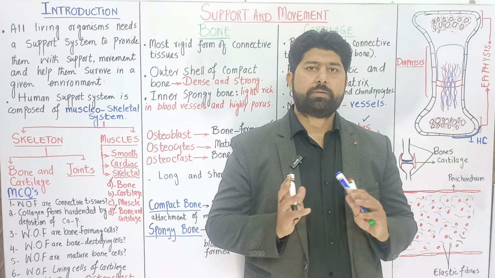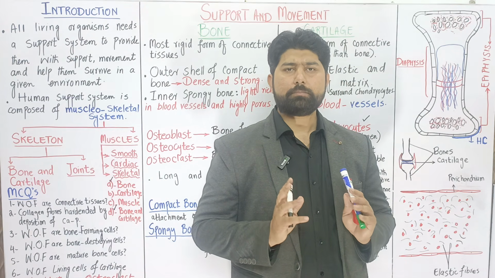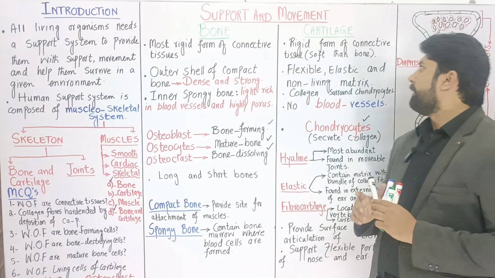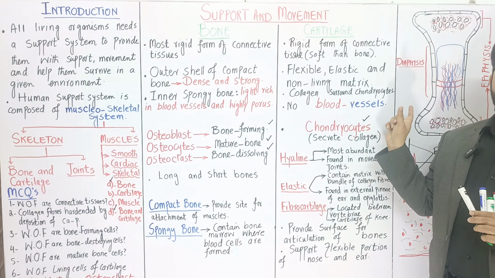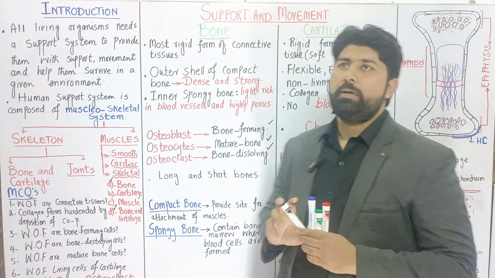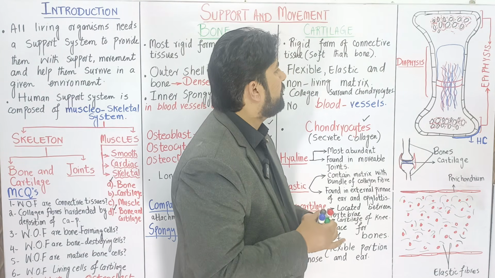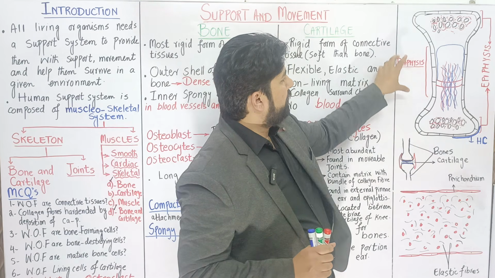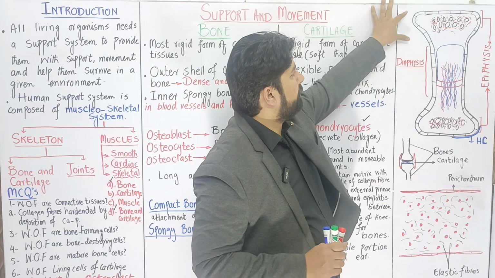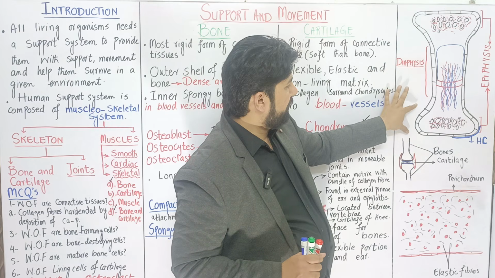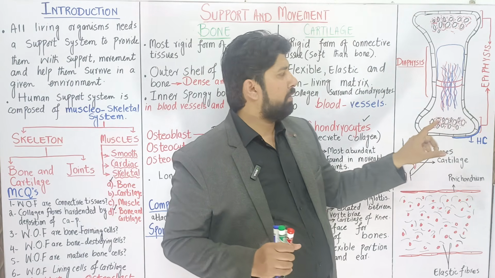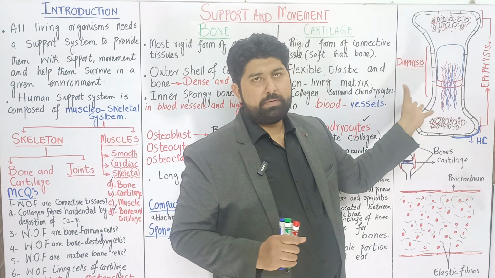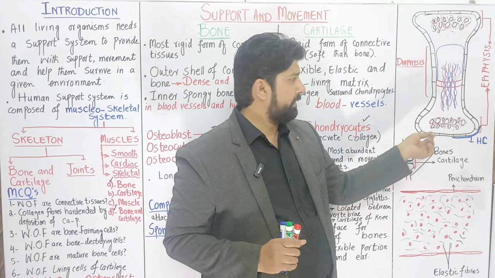Next, we have the structure of bone. As you can see, bone contains two components. There is a thick portion over here, and this one is called the epiphysis. But the middle one, the shaft of bone, is called the diaphysis.